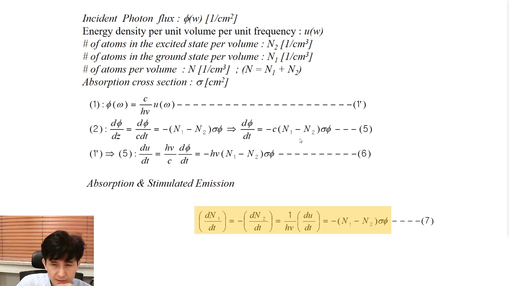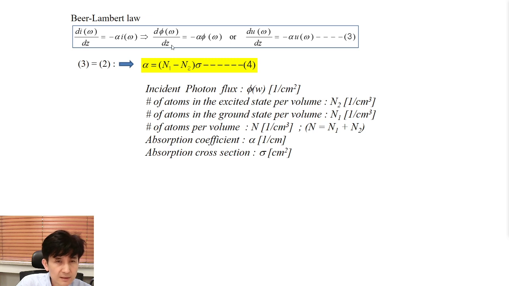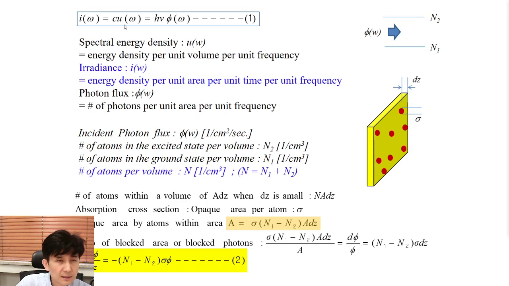Similarly, with the relation between the number of photon flux and the number of photons per volume, we can calculate the variation of the number of photons per volume from the photon flux variation.